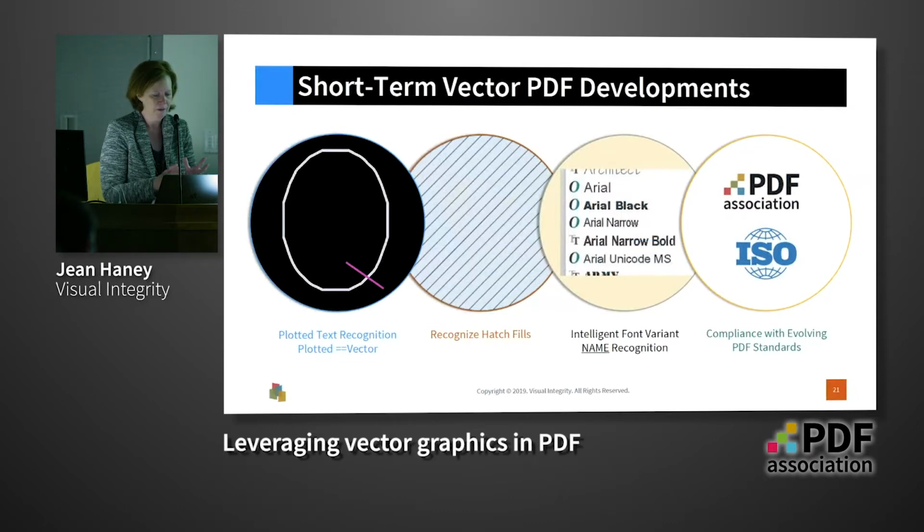And then also, for example, this Q is actually a compound object. It's an ellipse and a straight line, and it takes two objects to make a Q. So there are a lot of issues in that, so we're working on that.